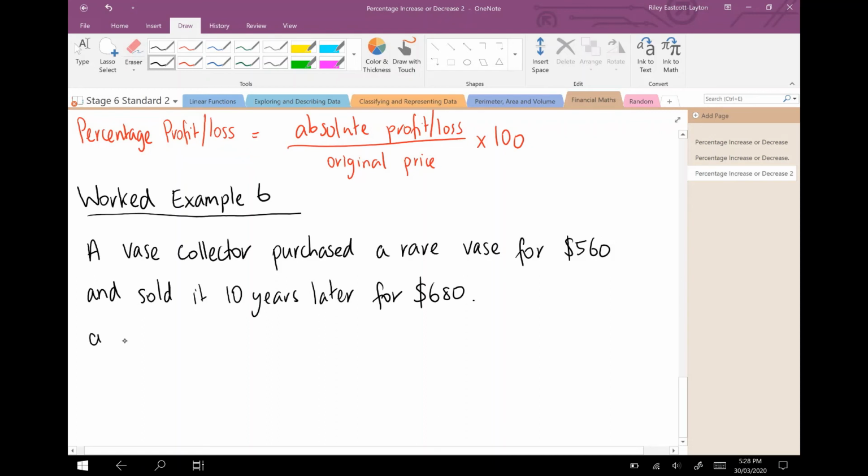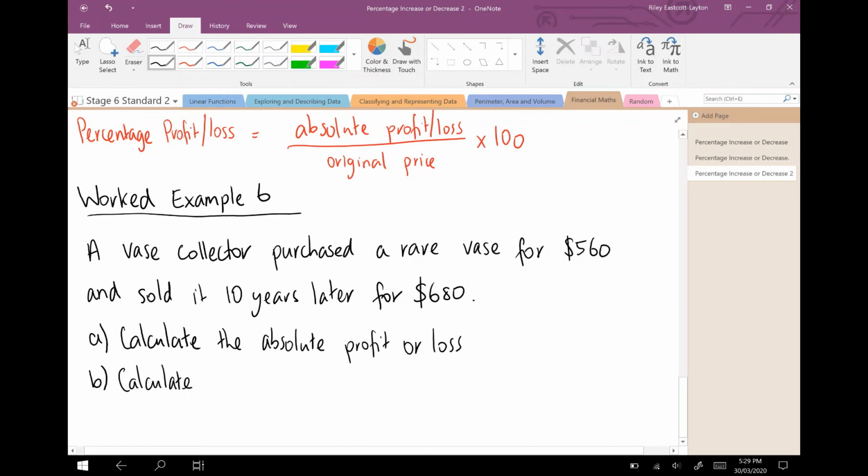And we've got two parts. So the first part is calculate the absolute profit or loss. And B, we have to calculate the percentage profit or loss to two decimal places.